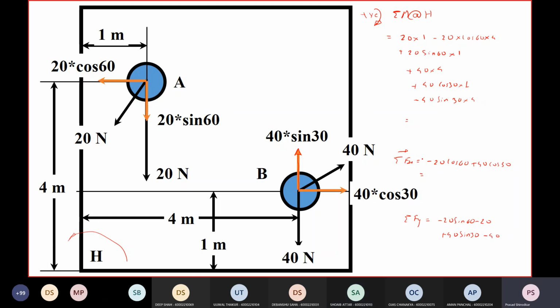Tell me the values. Summation fx, somebody has already told me it is 24.64, right? Right hand side, positive. Tell me the moment value and summation fy value.